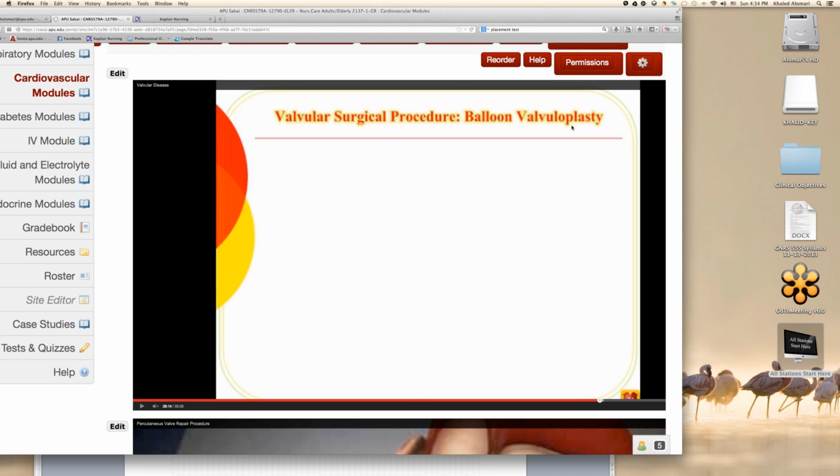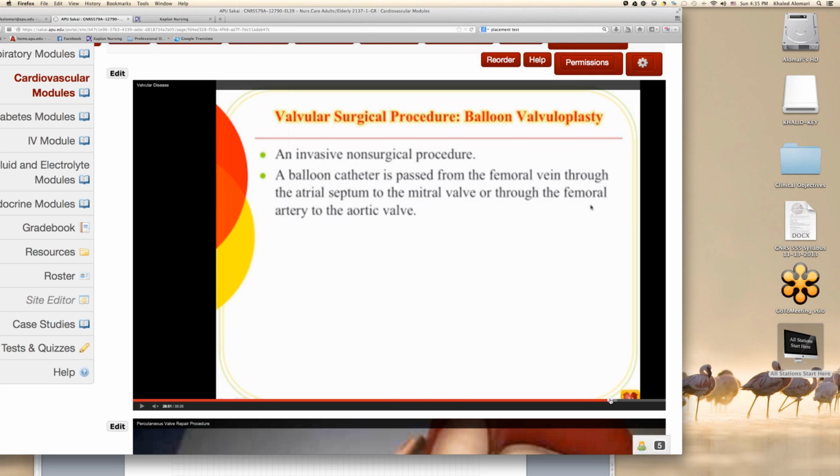This depends on your understanding of the word plasty and the presence of the balloon. This is not a replacement of a valve. This is not even a repair of a valve. We're not cutting anything here. We're not suturing anything here. This is just simply using the balloon to increase the opening, or the orifice, of the specific valve.